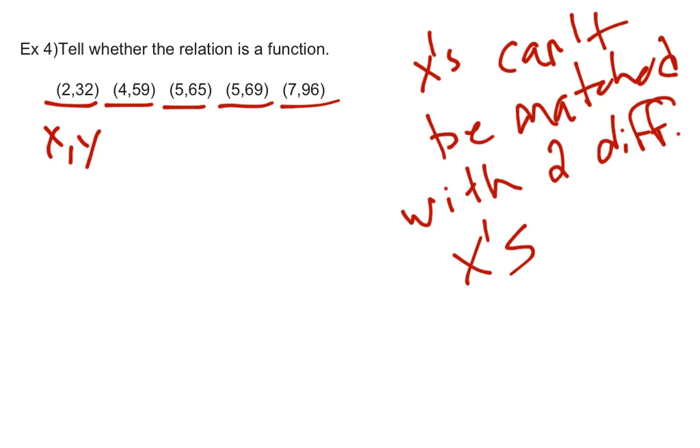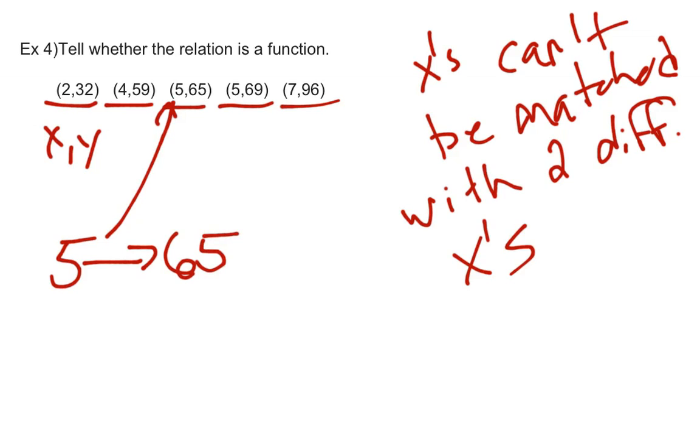So the one thing I notice here is when I see this 5 right here. We're saying 5 is matching up with 65. Well, it's already matched with 65, and our rule says x's can't be matched with two different y's. Well, look here. I have another 5 for an x, and that's matched with the number 69.